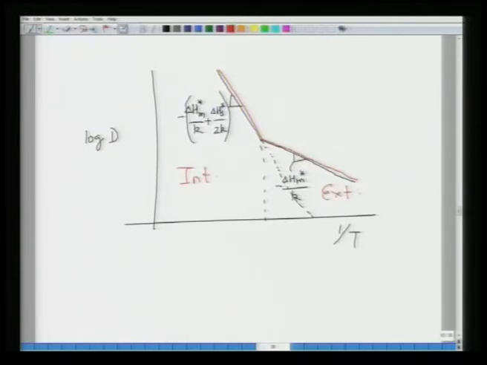So, in a normal ceramic which contains some impurities, it may be because of processing, it may be because of intention, but whatever be the reason, the diffusivity typically has two regions as a function of temperature.